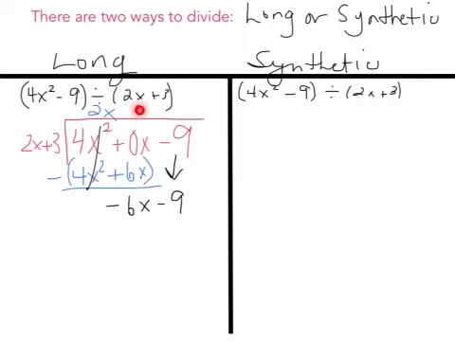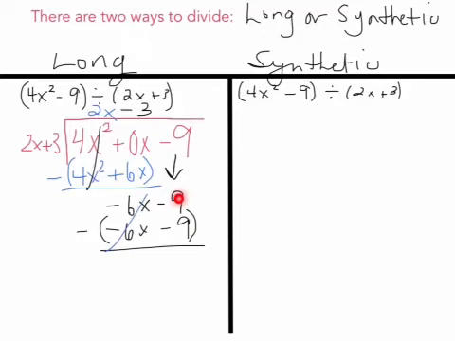So I want to put something here that when I multiply by 2x, it'll give me negative 6x. So that would be negative 3. Because negative 3 times 2x is negative 6x. And then I just multiply negative 3 times positive 3. In this case, it turns out to be negative 9. So that helps us out here because when we subtract, negative 6 minus a negative 6 just cancels, right?